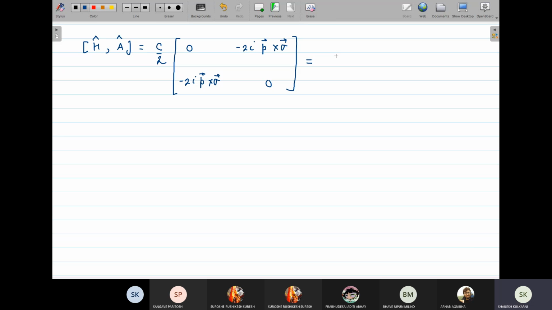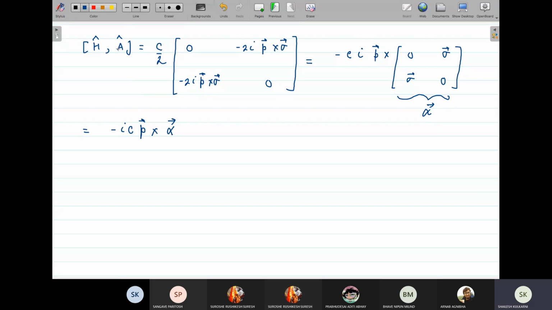So I can write this as minus i c, there is an i here, 2 will go with this 2, and I will write this as p cross, with sigma and 0. So this is nothing but minus i c p cross, what is this? This is your alpha. So H commutator with A is minus i c p cross alpha.